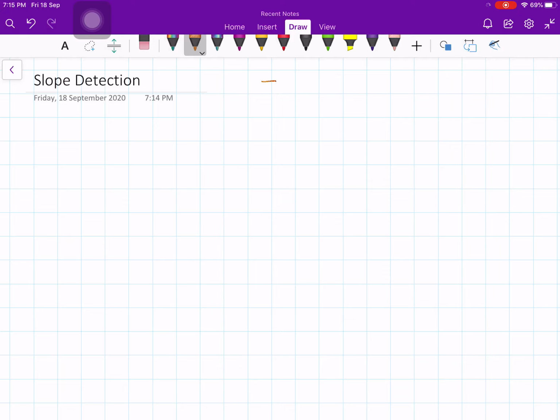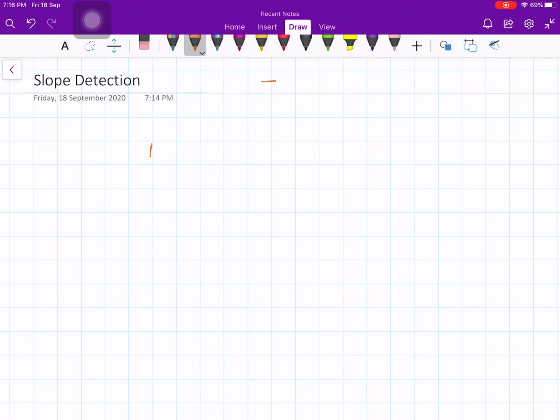In this lecture, let us talk about slope detection. If you remember from the previous lecture, we discussed the frequency discriminator, where we used two bandpass filters. These two bandpass filters are motivated by what? What do we really want? We want a differentiator.